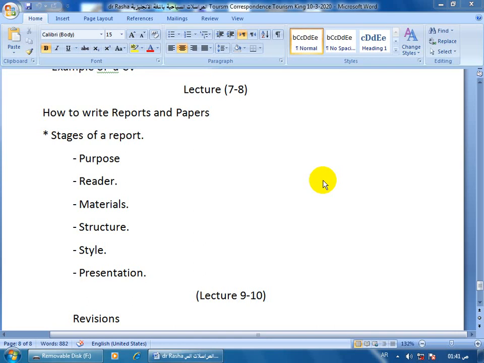Planning the structure. The route has to be planned before you write your report.